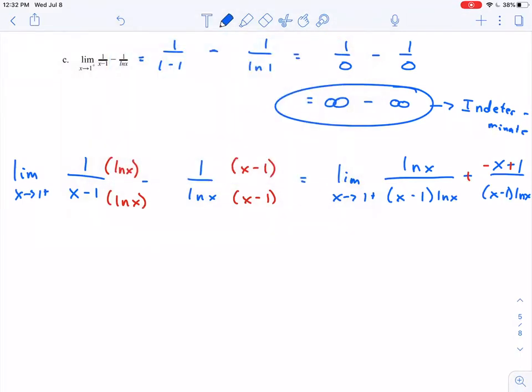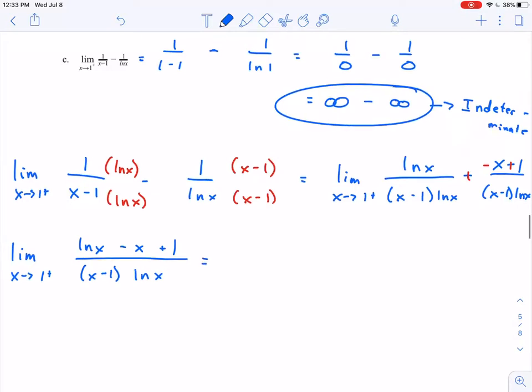So when I write this as a single fraction, I've got the limit as x approaches 1 from the right-hand side of natural log of x minus x plus 1 divided by x minus 1 times natural log of x. So okay, we're getting somewhere. Let's try plugging 1 in now, and let's just see what happens.